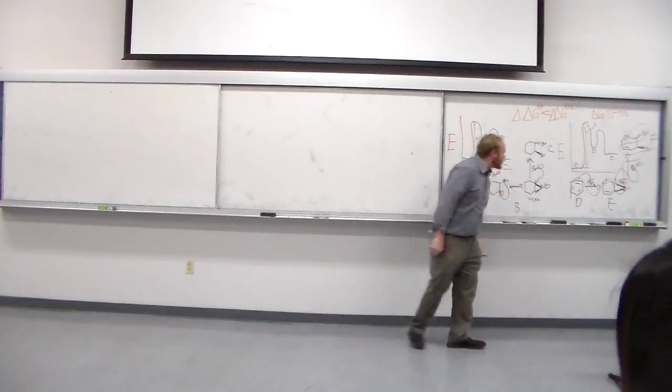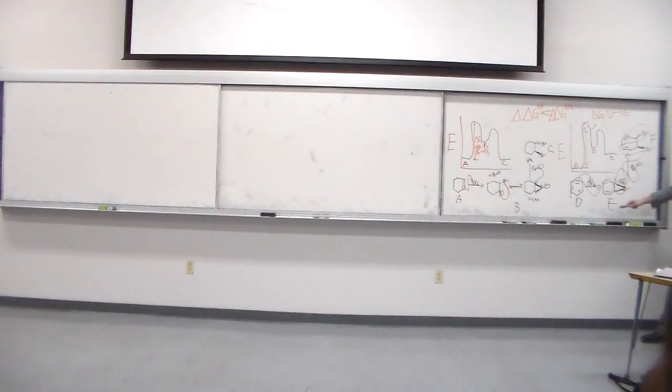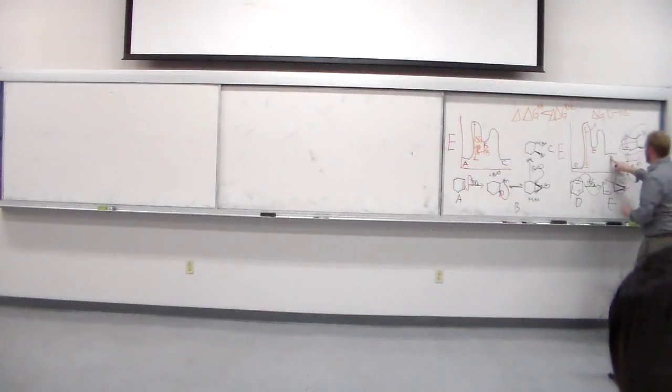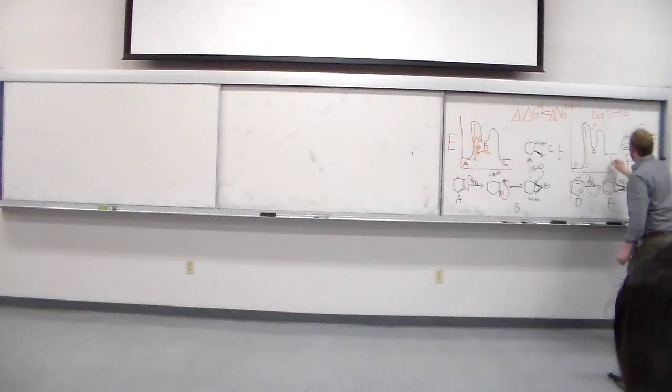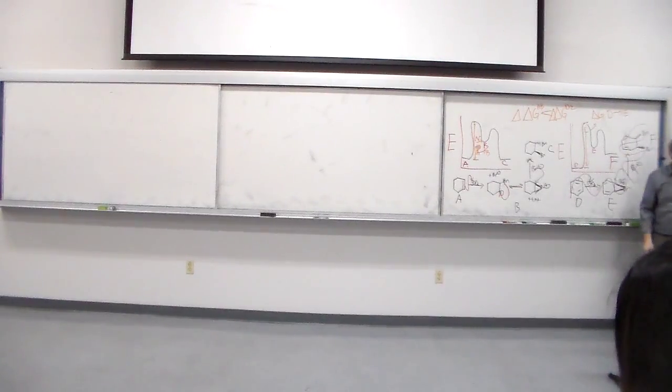However, for an aromatic system, we start out with P, which is aromatic, and then we go to a product which I call F, and F is not aromatic, right? We broke aromaticity in forming the bromine bond, and that means the energy level of the product F is going to be significantly higher than the starting material.